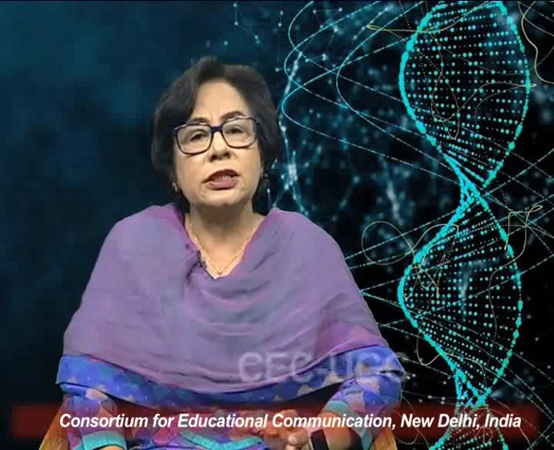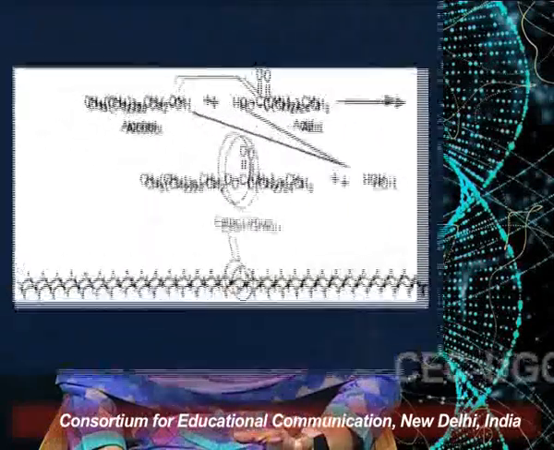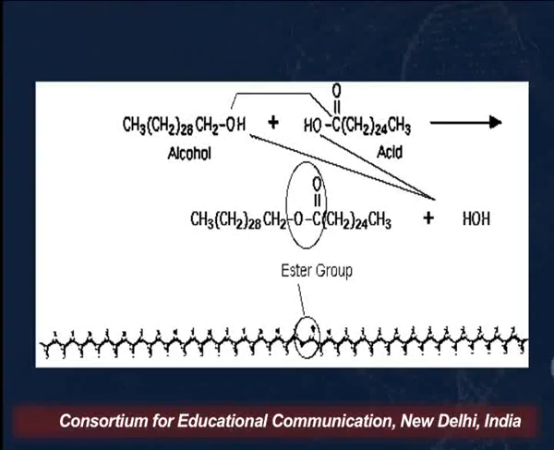As you can see on your screens, Carnauba wax is an ester of an alcohol, which, as I said, is a fatty alcohol having 30 carbon atoms, and palmitic acid. The reaction takes place between the hydroxyl group of the alcohol and the carboxylic group of the acid.